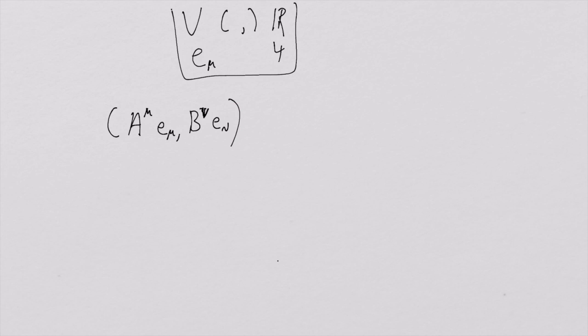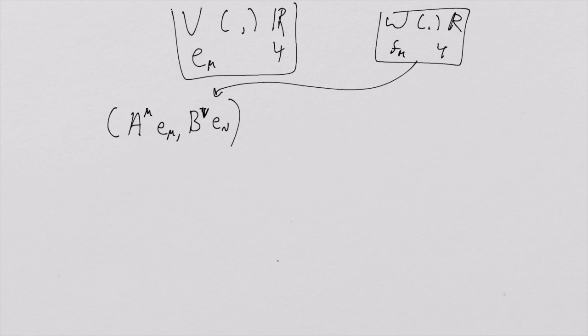Now, you may have other vector spaces in your world, and each time you use parentheses, it can only apply to the metric that is associated with the vector space associated with these vectors. Both of these vectors must come from V. If I had another vector space, W, which was 4-dimensional and real, and it had its own inner product, and it had its own basis vectors, say F mu, I cannot put a vector from W into the inner product from V. I cannot do that.